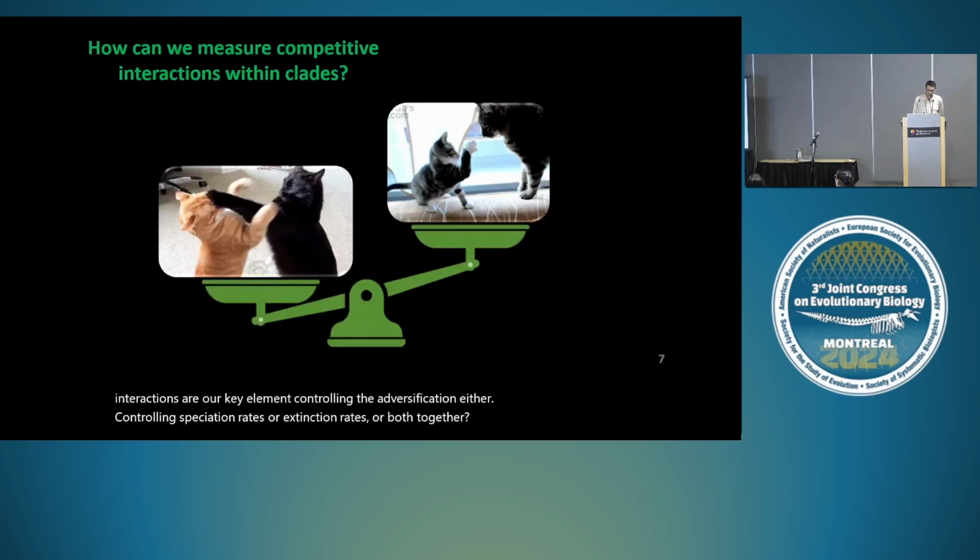But how can we actually measure competitive interactions within clades? How do we know, for example, if, take felines, if competition was very strong during the evolution of felines and was the most important factor to explain the evolution, or was actually very weak? And the most important factors to understand felines were actually competition with other families, like canids, or environmental factors.